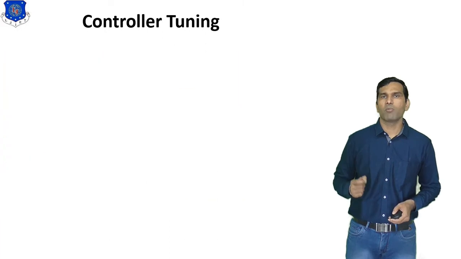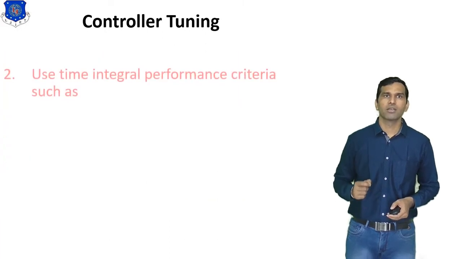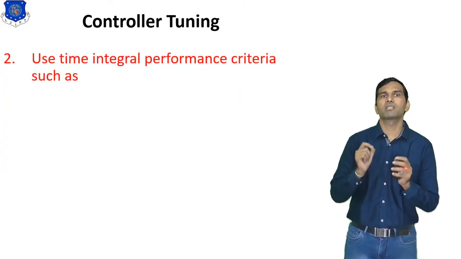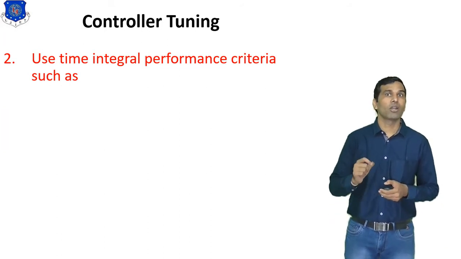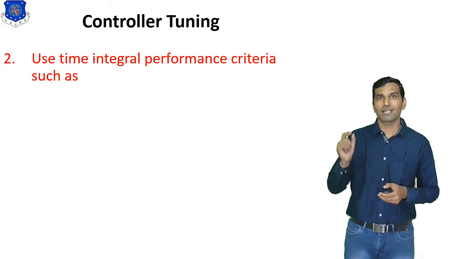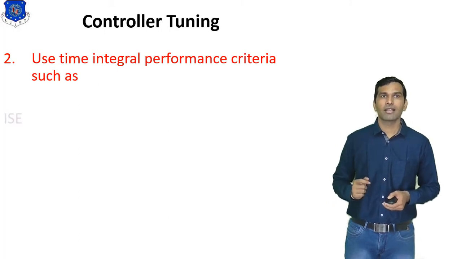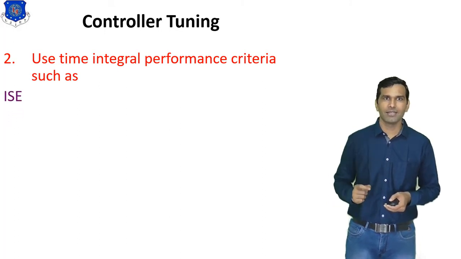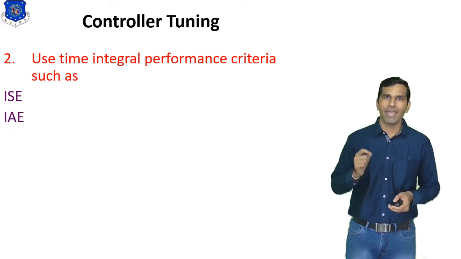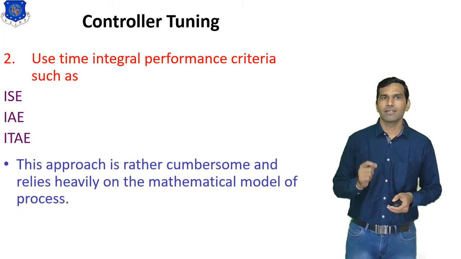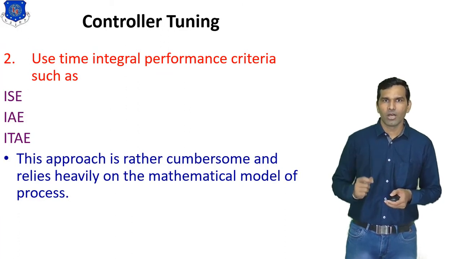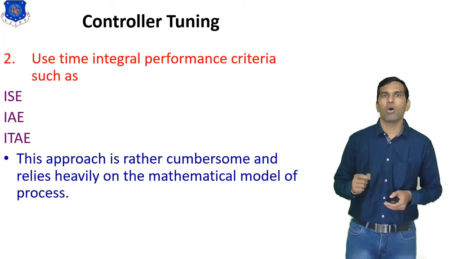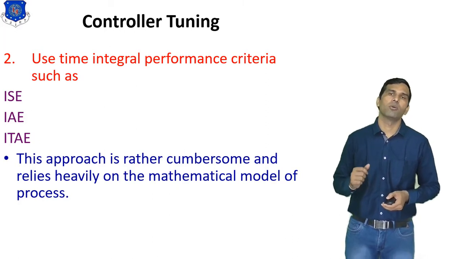The second method of tuning is to use the integral performance criteria, which we already discussed in the last lecture. The integral criteria are ISE, IAE and ITAE. This approach is rather cumbersome and relies heavily on the mathematical model of the process.